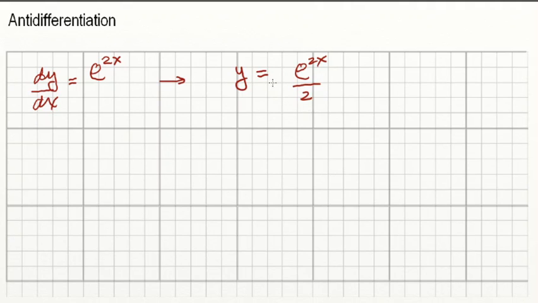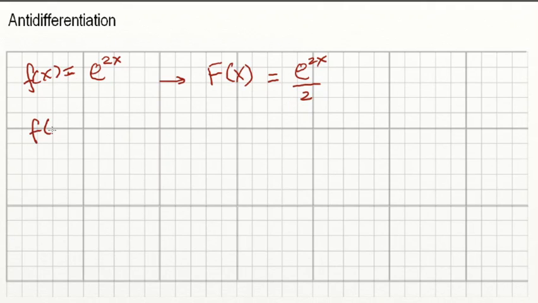So let's just label those things in a different way. So what if I just call this my function, right? This is my function now, and I'm not saying that this is a derivative of something. I'm trying to anti-differentiate this. So the symbol that we're going to use for anti-differentiation is simply f of x, but capital F. So if my function f of x is this, the anti-differentiation of it will be that.